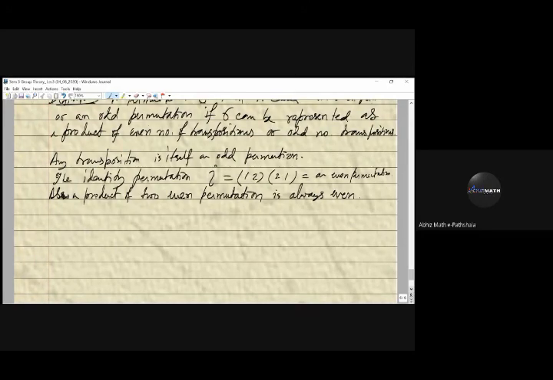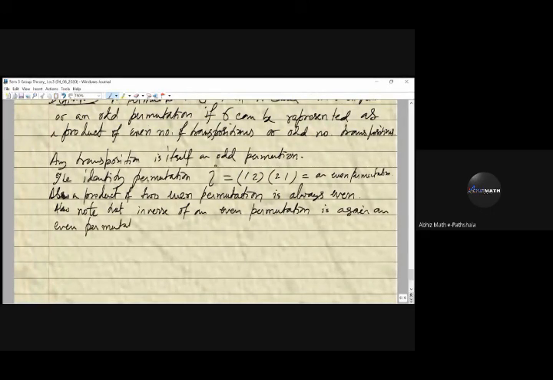And also note that the inverse of an even permutation is again an even permutation.